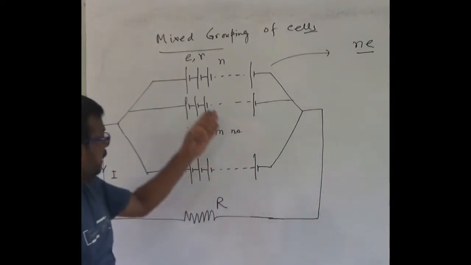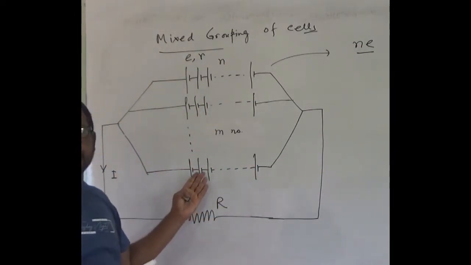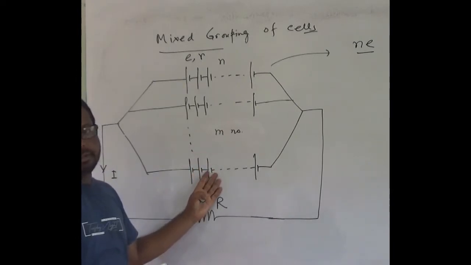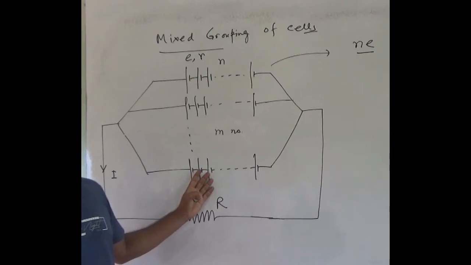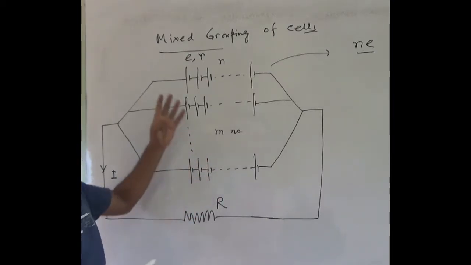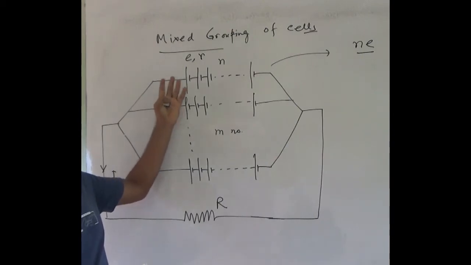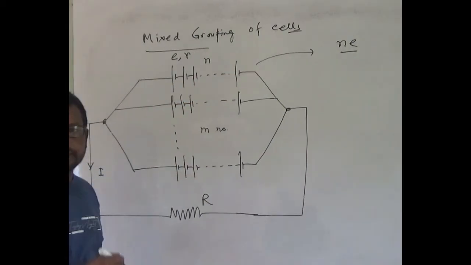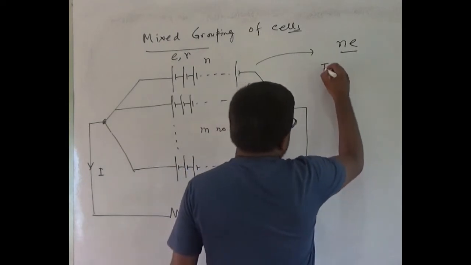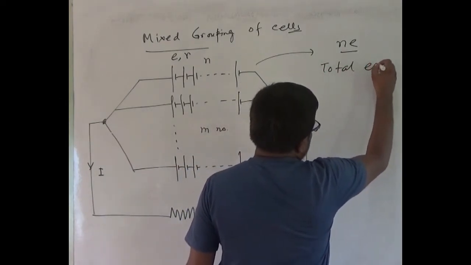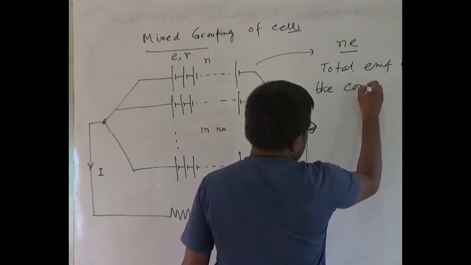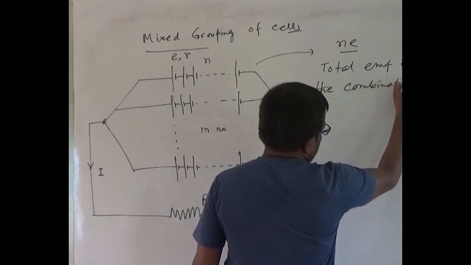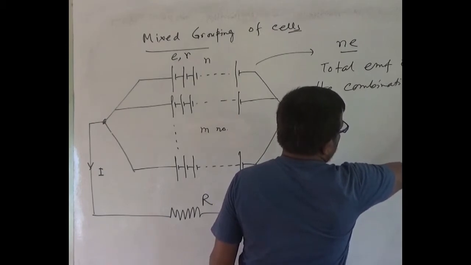Since m rows are connected in parallel, the net EMF of the combination will be equal to the EMF of cells in one row. Therefore, we can say that the total EMF of the combination E equals ne.